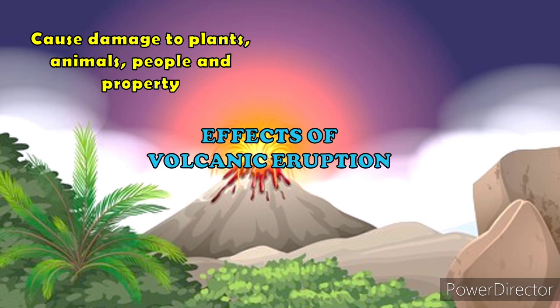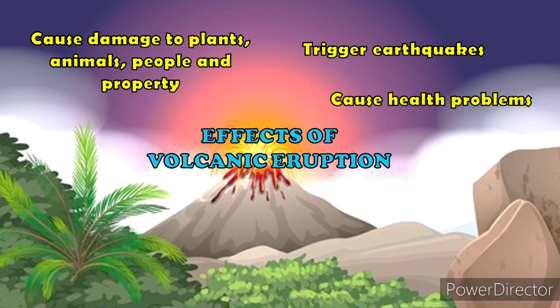With strong volcanic eruption, it also triggers an earthquake, and it can cause health problems, specifically for those people who have respiratory diseases. Despite the destruction it causes, volcanic eruption can be beneficial.